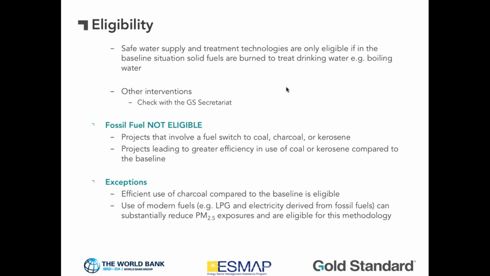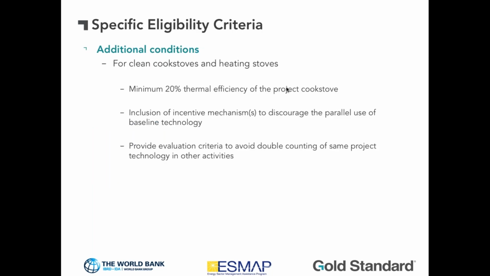One is that in case the efficient use of charcoal is achieved when compared to the baseline, then these types of projects are eligible, as well as use of modern fuels. For example, liquefied petroleum gas and electricity derived from fossil fuels are also eligible, since they can substantially reduce exposures to PM 2.5. So these two exceptions are there.